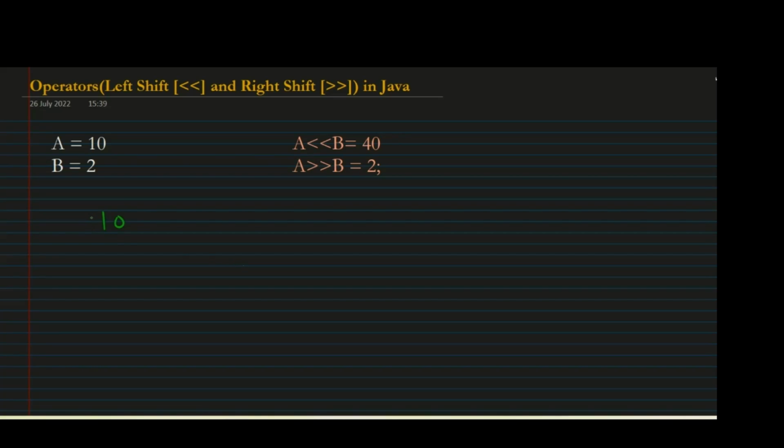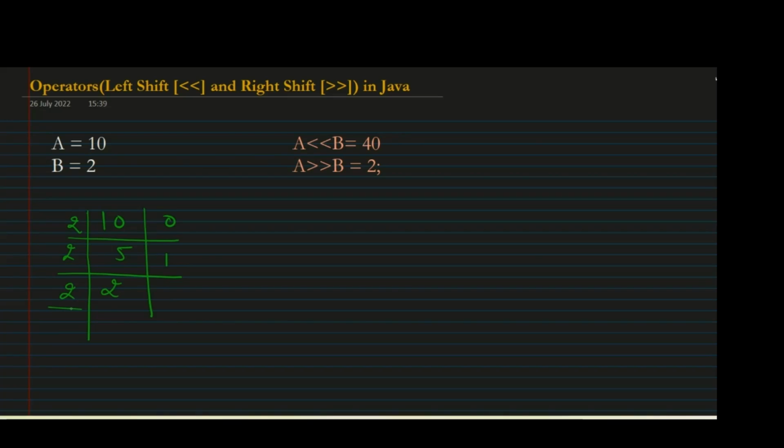To convert a number into binaries, we keep dividing the number until we get a remainder of either 0 or 1. So I'll keep dividing 10 by 2. 5 twos are 10, I'll get remainder 0. Again, I'll keep dividing the quotient by 2. 2 twos are 4, remainder is 1.